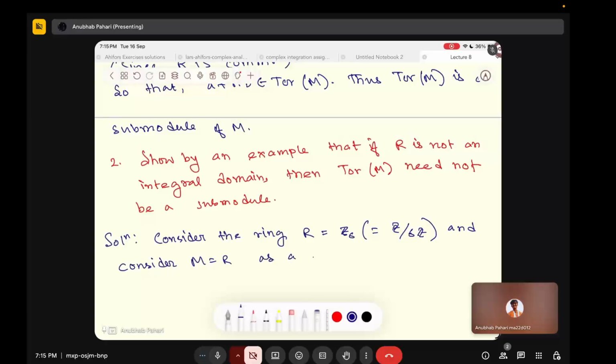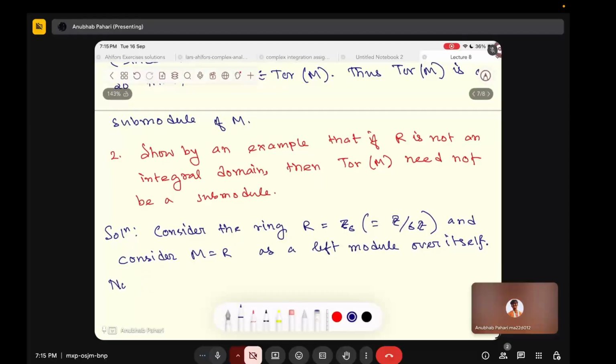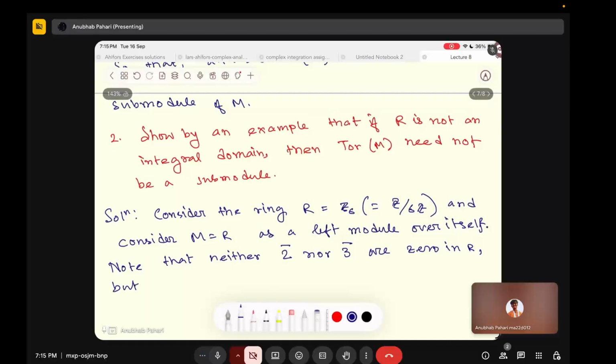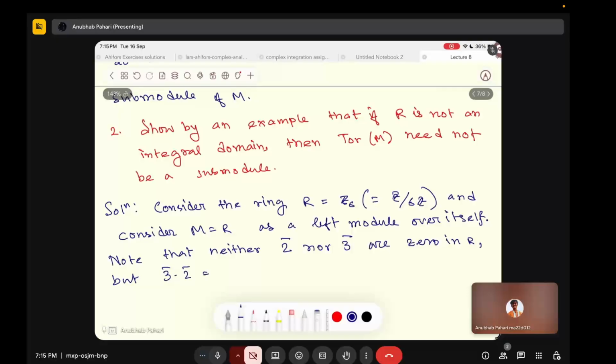So as a left module over itself, note that neither 2 bar nor 3 bar are 0 in R, but 3 bar dot 2 bar equals 2 bar dot 3 bar equals 0.